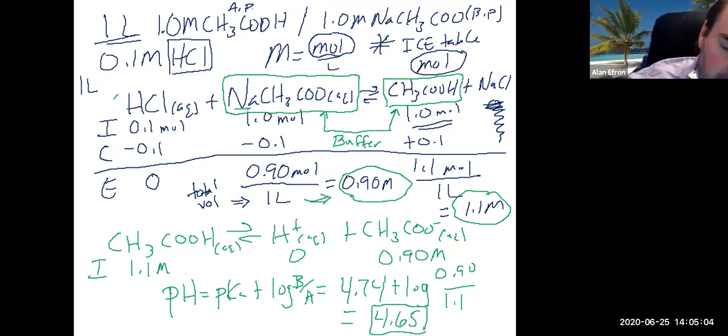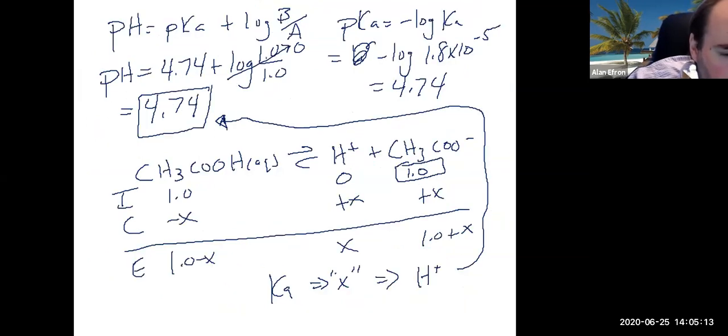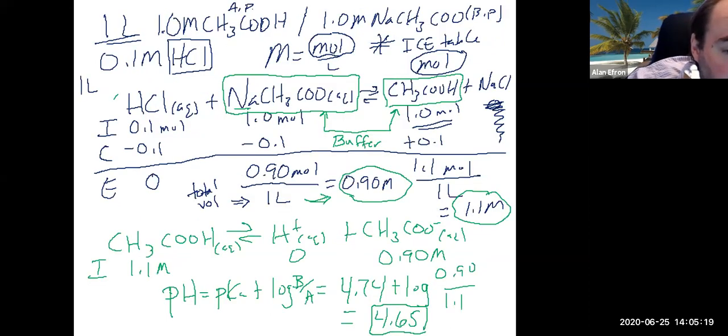So let's talk about a couple of things here with that number. First off, the original pH of this buffer before we added the acid to it was 4.74. We added some acid to this buffer. The pH went down a little bit, right, to 4.65, so about the same in that area.